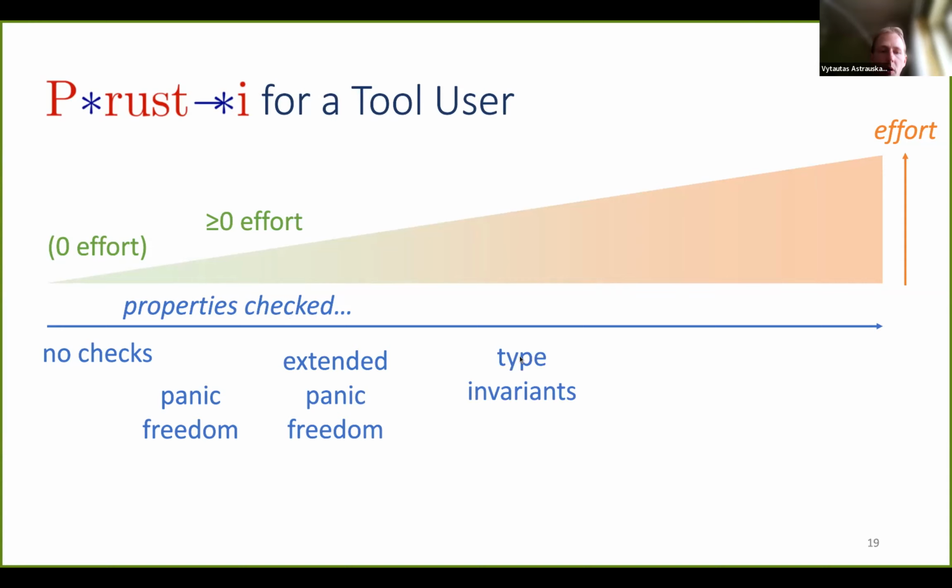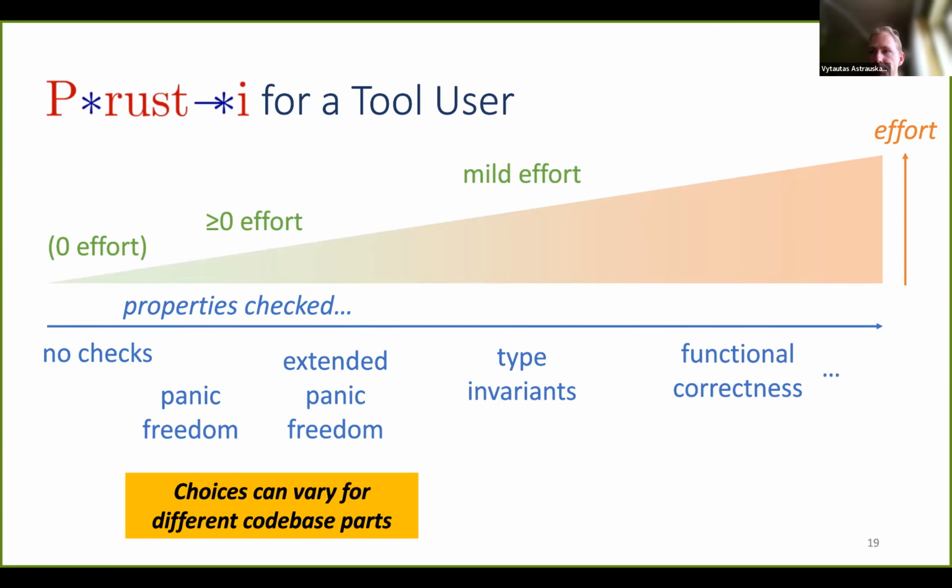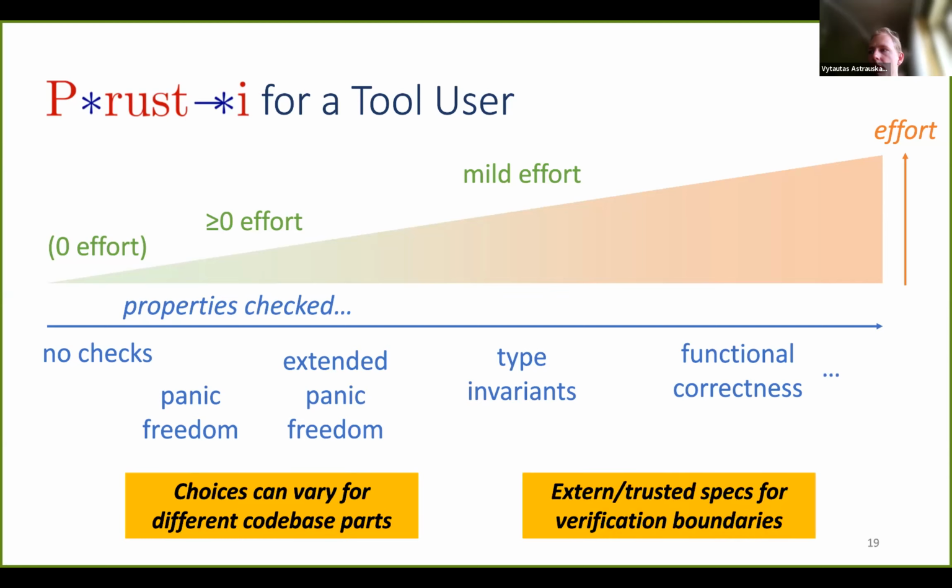If we want to specify type invariants and ensure them, then we have some mild effort. And if we want full functional correctness, then it can get more complex. It is nice that there is no large part at the beginning where you need to invest just to get started, but depending on how much you care, you can put in effort and progress. So the choices can vary for different code bases depending on the needs.